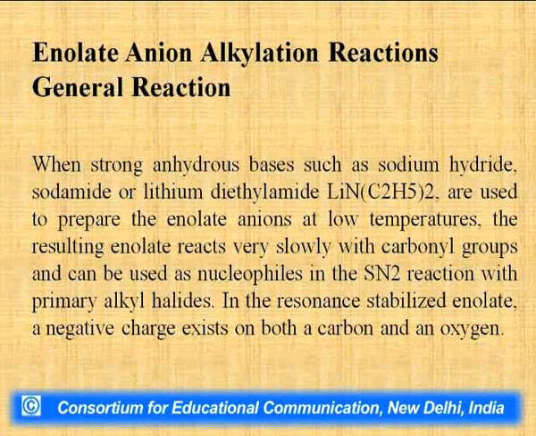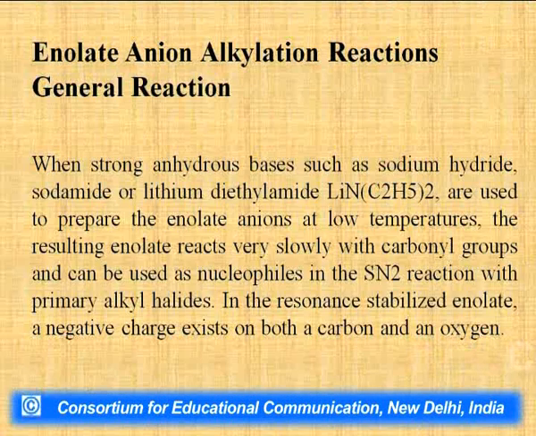Enolate anion alkylation reactions, general reaction: strong anhydrous bases such as sodium hydride, sodamide or lithium diethylamide are used to prepare enolate anions at low temperature. The resulting enolate reacts very slowly with carbonyl groups and can be used as a nucleophile. These carbanions are used as nucleophiles in SN2 reactions with primary alkyl halides.